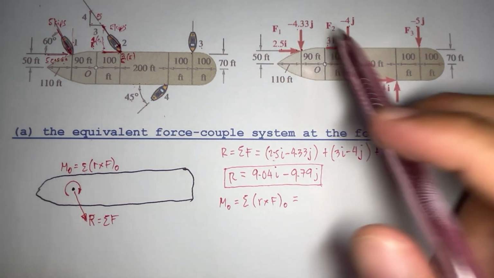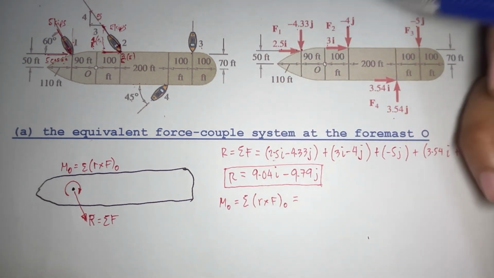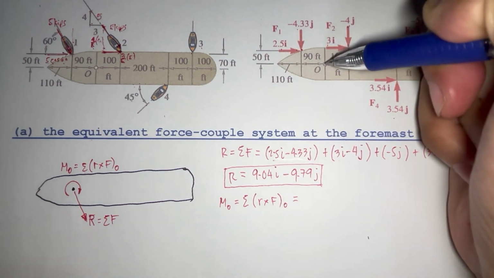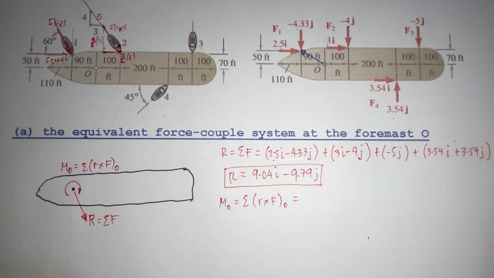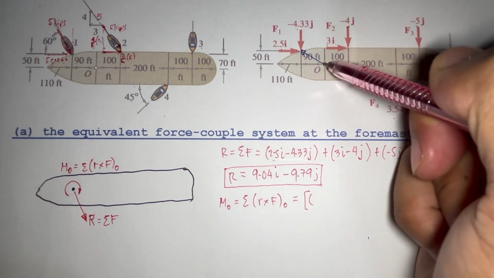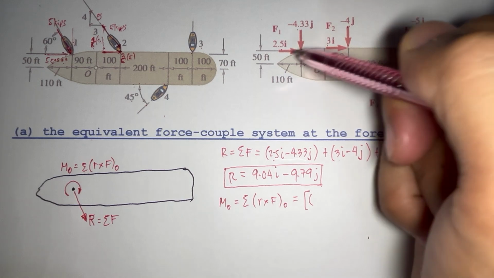Okay. So for our F1, its F is equivalent to 2.5I minus 4.33J. Its R is from the pivot point going to that direction here. So our R here, going to the negative x-axis, we have negative 90, and going upwards, we have positive 50.